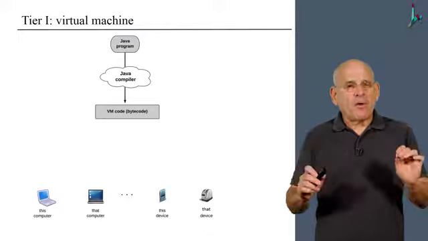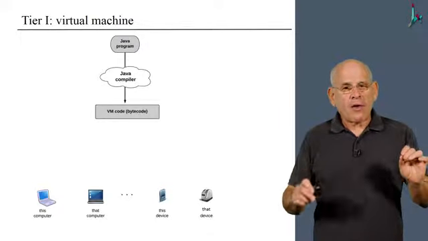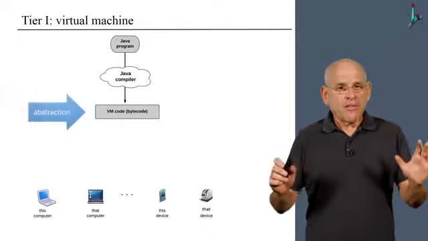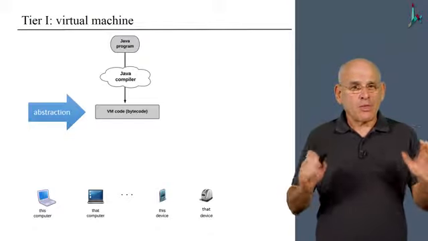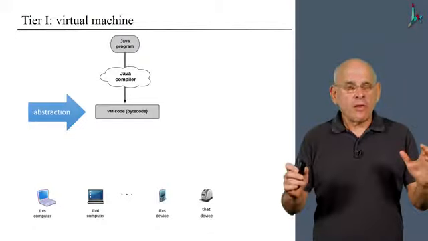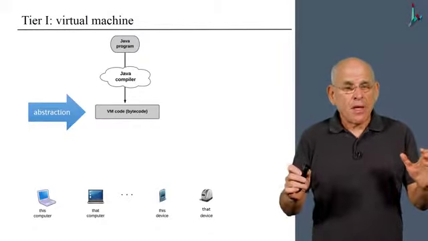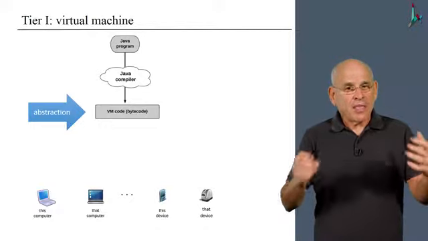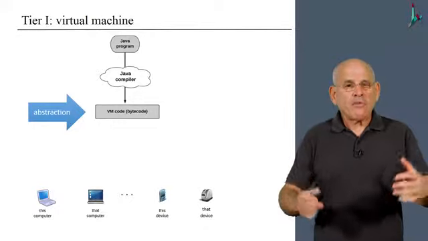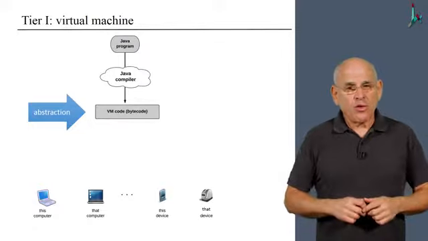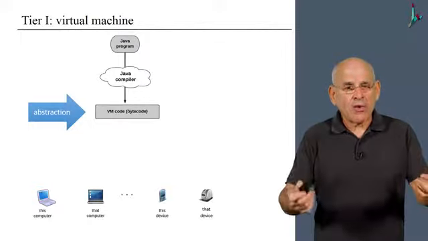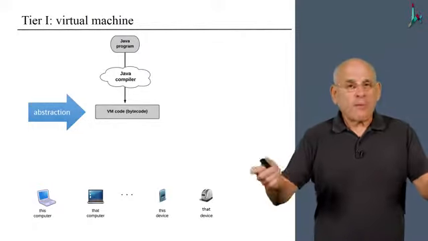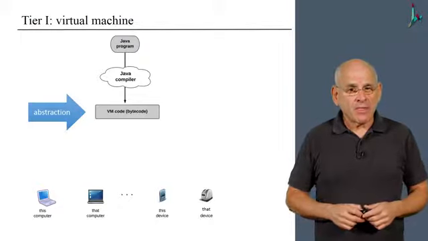Now, this VM code is designed to run on an abstract artifact called a virtual machine. It's not a real computer, it's an imaginary computer. So if we want to actually execute this bytecode, we have to translate it further into machine language. We have to realize it on some real von Neumann machine or some real hardware device.